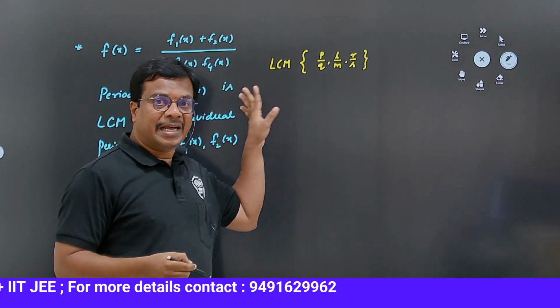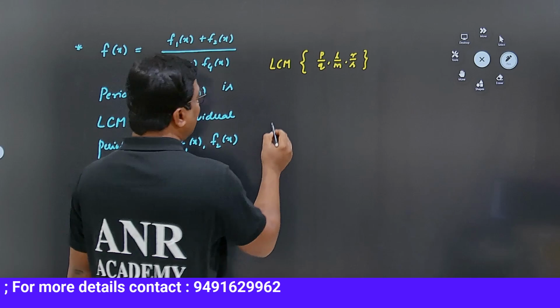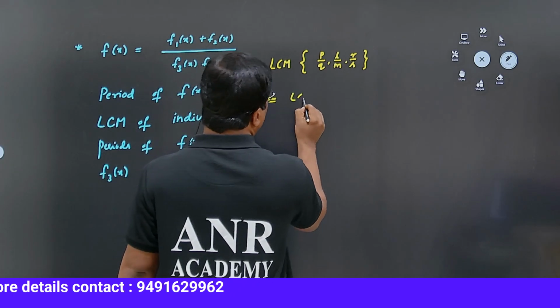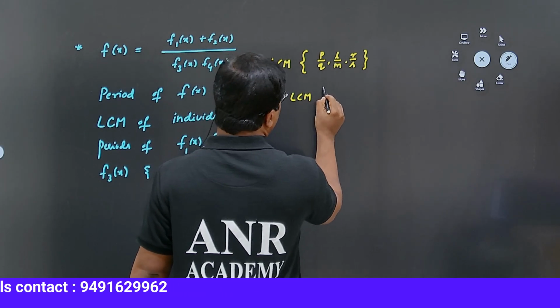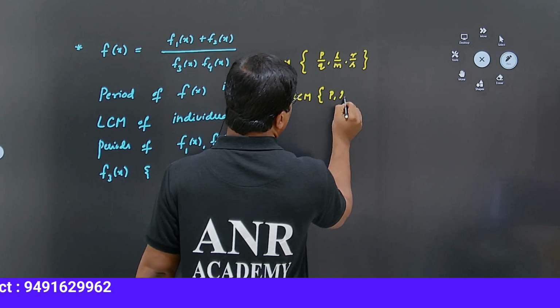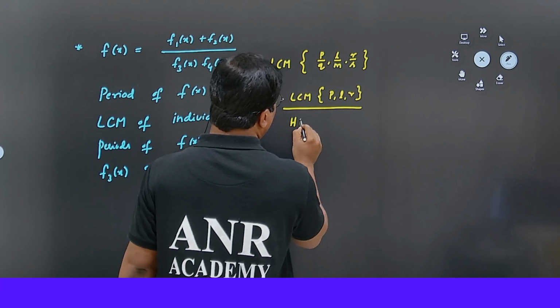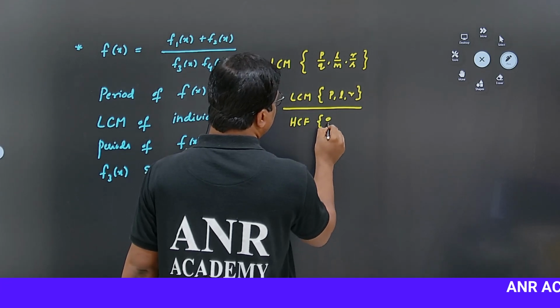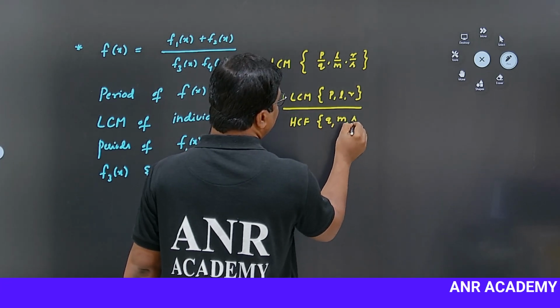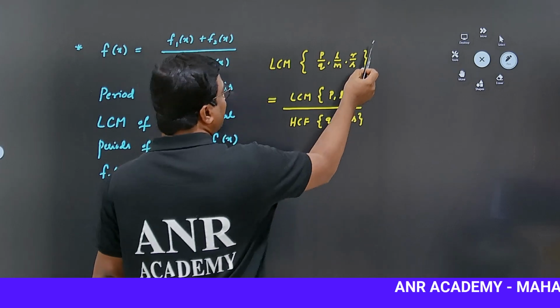Then you have to use this formula: LCM of the numerators P, L, R divided by HCF of the denominators Q, M and S, remember.